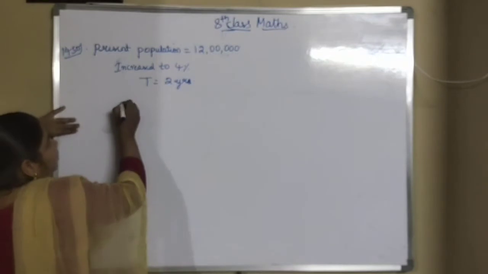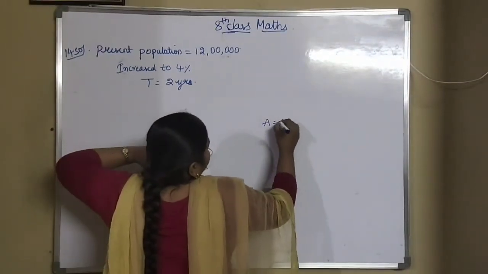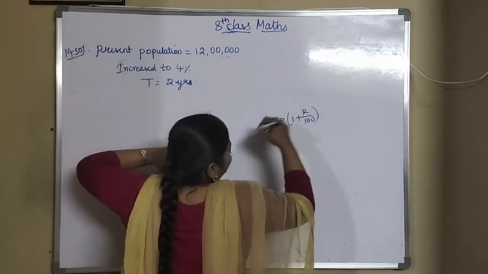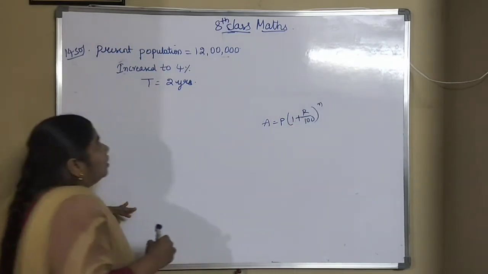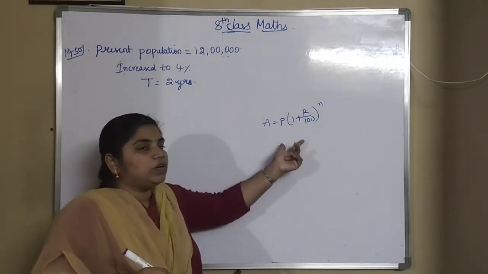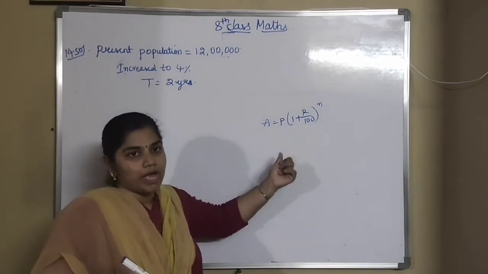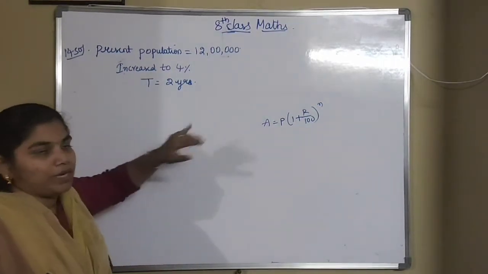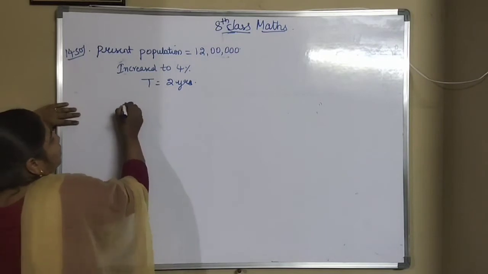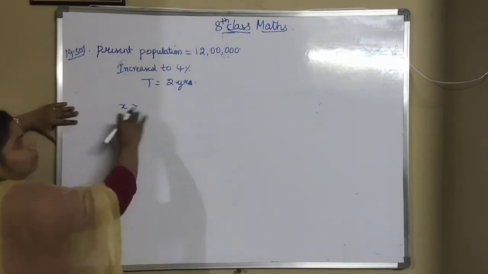So which formula are we using? Amount is equal to principal into 1 plus rate of interest divided by 100, to the power of n. We are using this formula, which we usually use for finding the amount value, but this is in the form of population, so I am directly writing the values here. X is nothing but the population after 2 years.